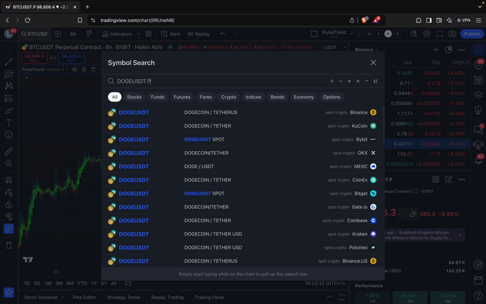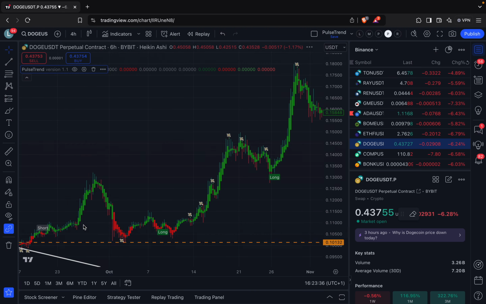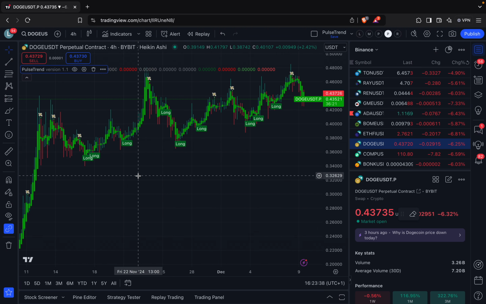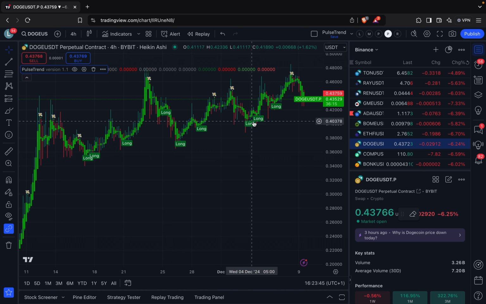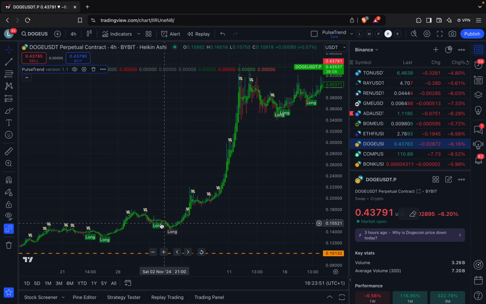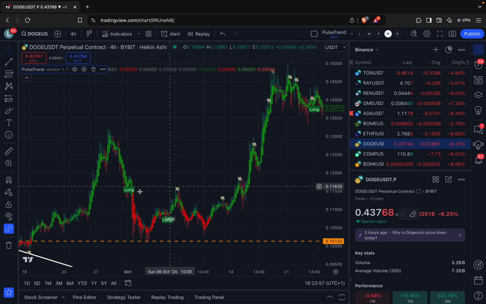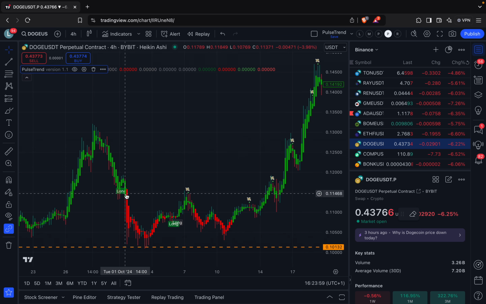So, more examples. If you go on Doge, 4 hour, nice long entries here, strong long, take profit point, long, long, long, take profit point, 3 longs over here, your take profit point based off of these long entries. Longs popping off, price goes up, long, take profit point, long, didn't play out, got out in time.